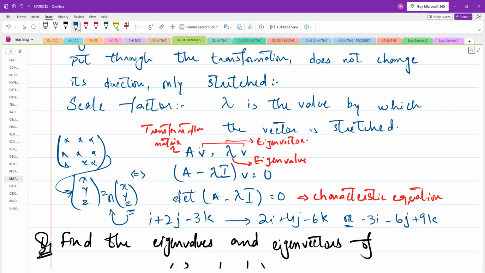So over here, what happened was that this one got multiplied by 2 and this one got multiplied by negative 3. However, it is still the same vector, just multiplied by some number, which means that it was stretched. It was only stretched, but nothing really happened.